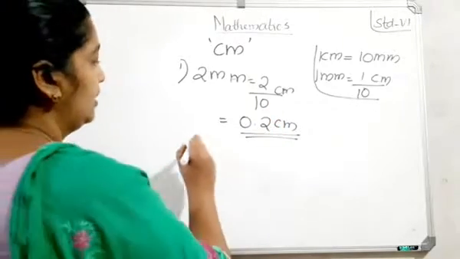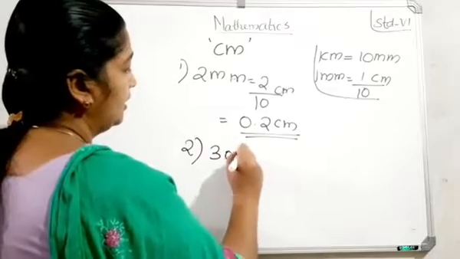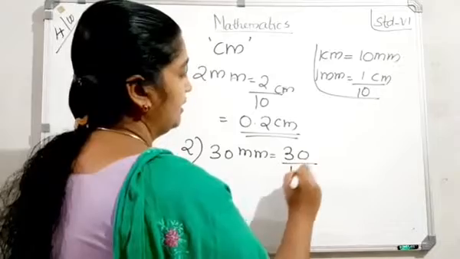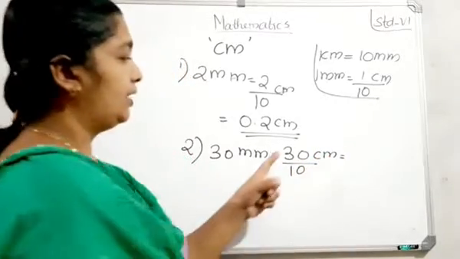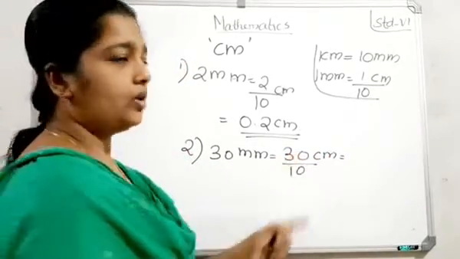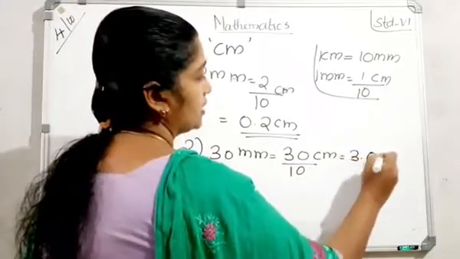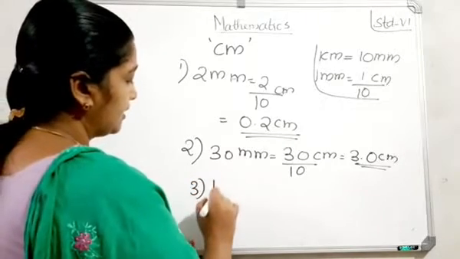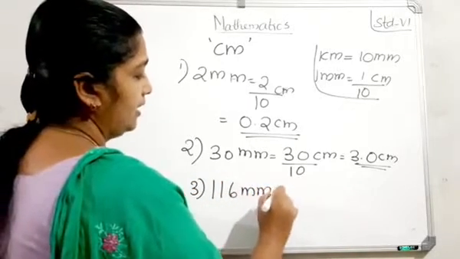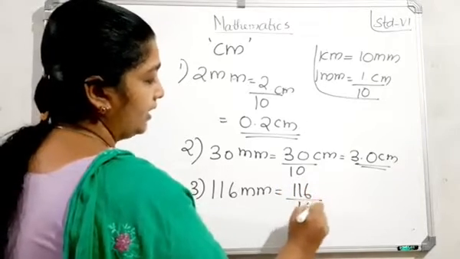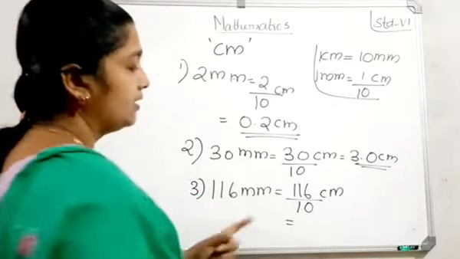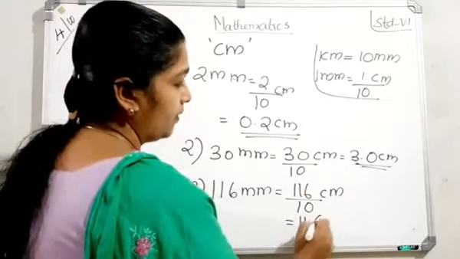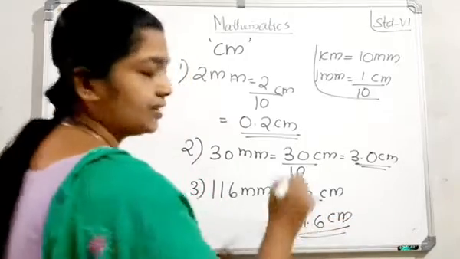Next question, 30 millimeter. The answer is 30 by 10 centimeter. After the decimal point only one digit, therefore 3.0 centimeter. Next question, 116 millimeter. 116 by 10 centimeter. Here there are 3 digits, and the last digit 6 goes after the decimal point. So 11.6 centimeter. Clear?